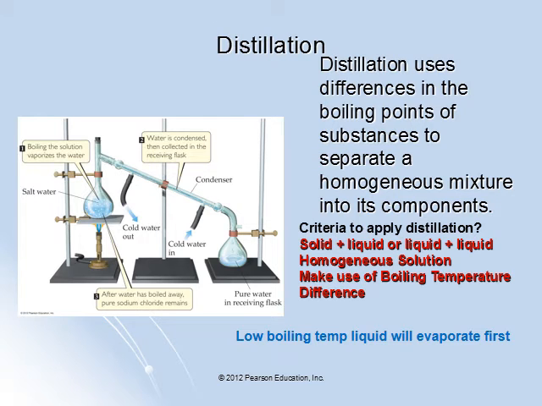Distillation uses differences in the boiling points of substances to separate a homogeneous mixture into its components. Think about, you have salt and water in here. Now, water boils at 100 degrees centigrade, but salt boils at a much higher temperature.